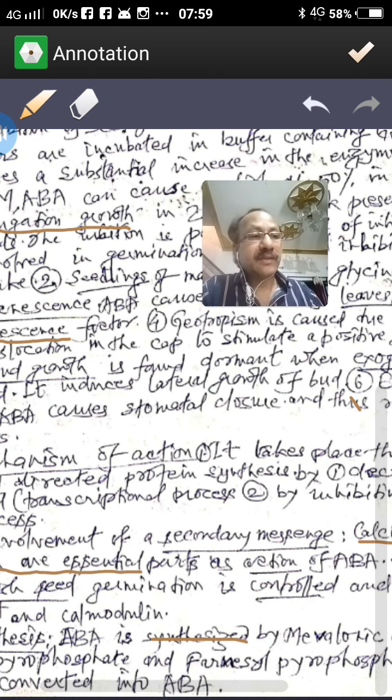Abscisic acid is synthesized first in the plant, then the mode of action starts. But whatever you see in here, calmodulin and calcium ion participate to make it active, and thereafter mode of action starts.